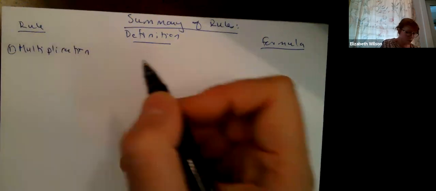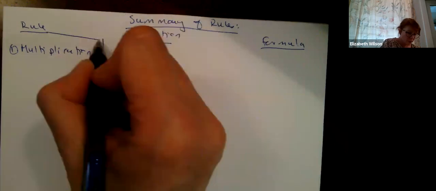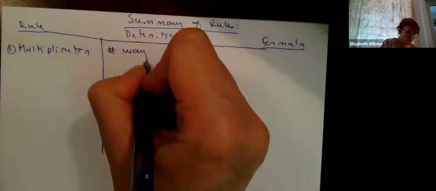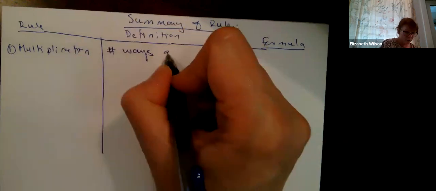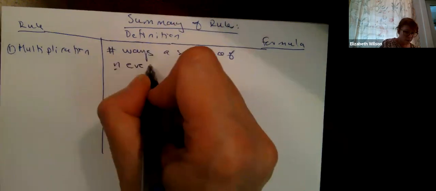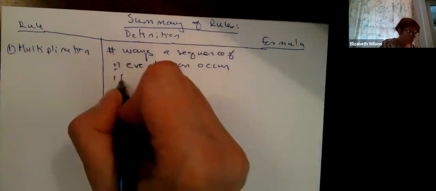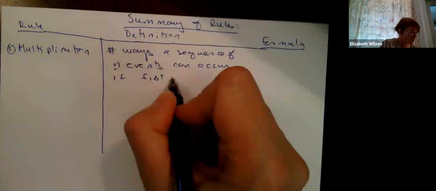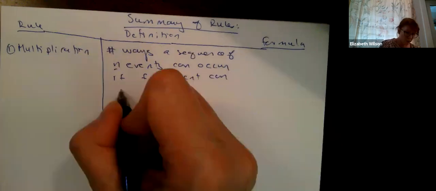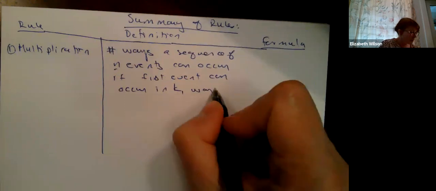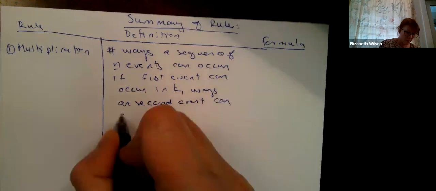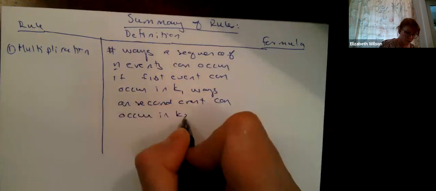Okay, so our definition for this, remember, make this clear. This is going to be the number of ways a sequence of n events can occur if the first event can occur in k sub 1 ways, and the second event can occur in k sub 2 ways.